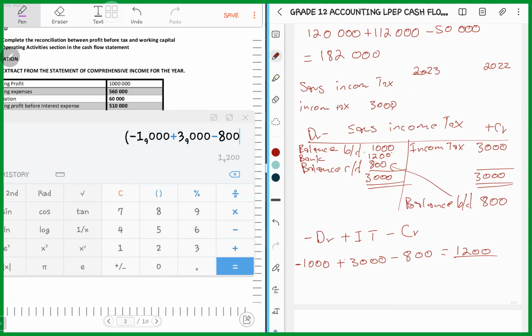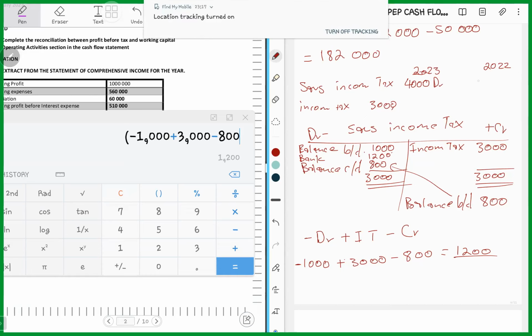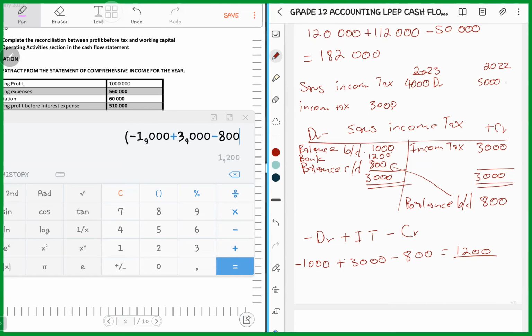So let's assume now it's 4,000 here. Then it says debit. Then it says 5,000 here. Then it says credit. Then the income tax is still the same.